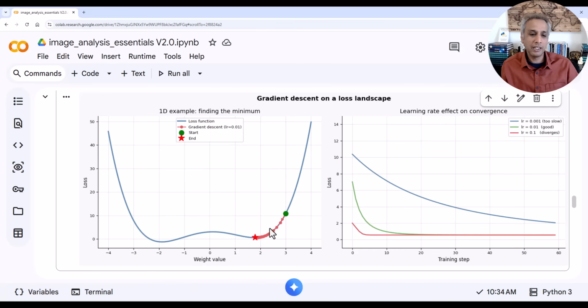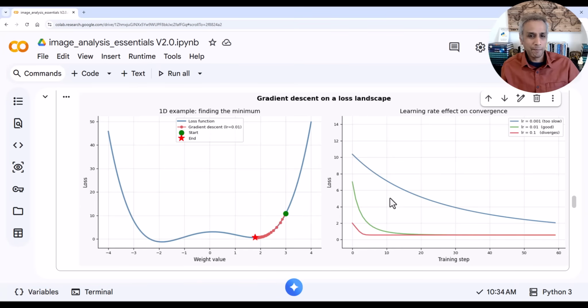I'm stuck in this local minimum, which is probably okay in this case. I may get some decent results, but if the step size were larger, I would have actually ended up at this one. Now, the question is, what is right? There are some strategies. People start with larger learning rates, and then once you get closer, you can use smaller learning rates.